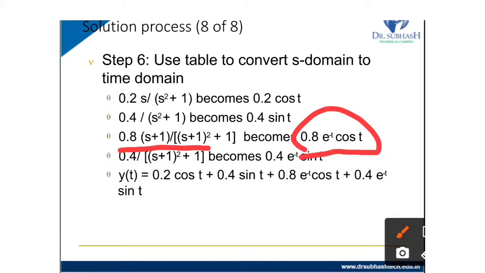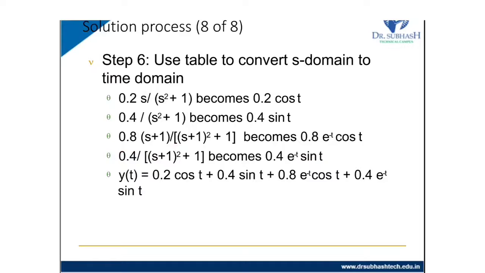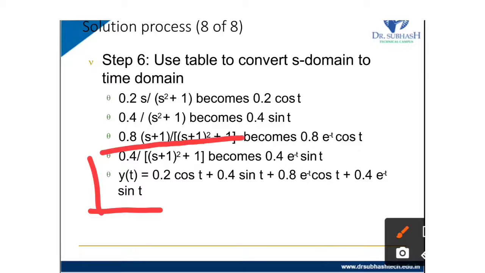So it is inverse Laplace. Then 0.4 divided by ((s plus 1) whole square plus 1) is 0.4 e raised to minus t sin t. So we will get y(t) equal to 0.2 cos t plus 0.4 sin t plus 0.8 e raised to minus t cos t plus 0.4 e raised to minus t sin t.